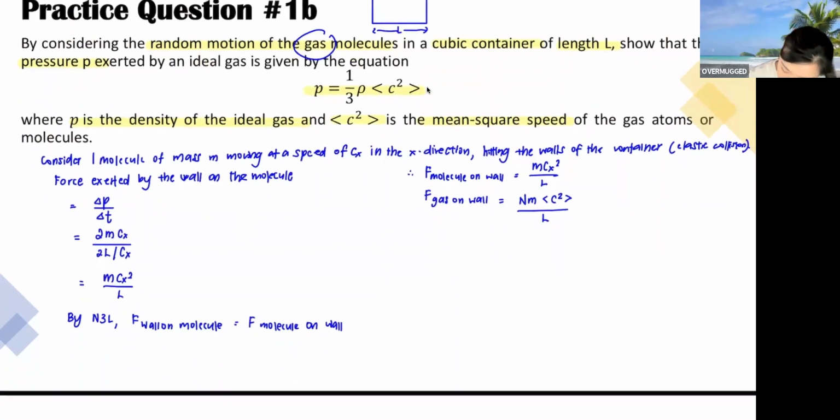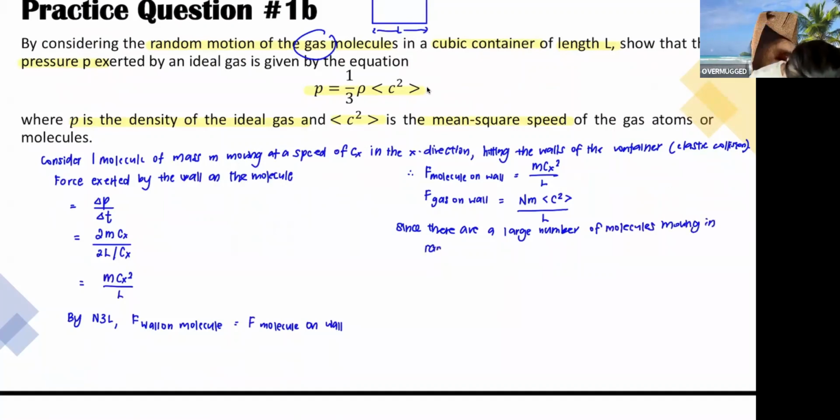So then how do we calculate this? Since there are a large number of molecules moving in random motion, the mean square speed of all the molecules moving in the x direction will be the same as the mean square speed of all the molecules moving in the y direction and in the z direction.